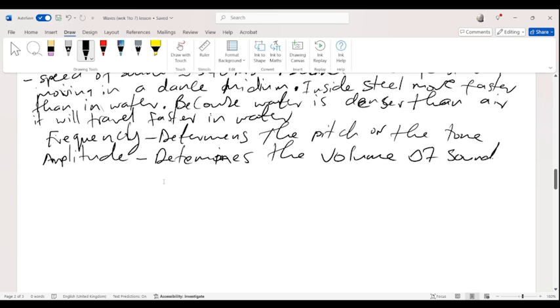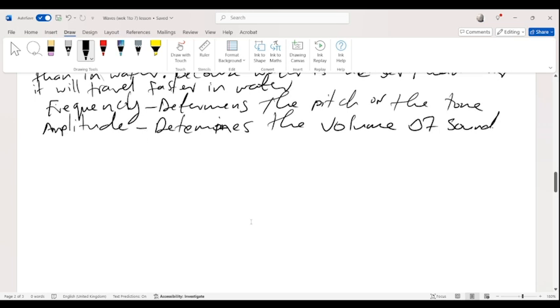But if you increase the amplitude of the wave, the volume increases. So you must take note, the volume increases. Now we are done with sound waves.